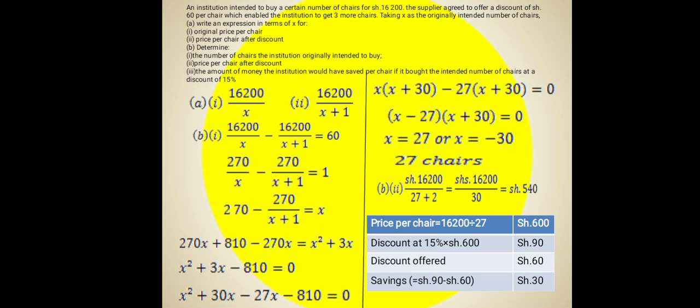So the price per chair, if the chairs were 27, would have been 600 shillings. Now a discount of 15% per chair would have been 90 shillings. The discount that had been offered was 60. So subtract 60 from 90, and the institution would have saved 30 shillings per chair.